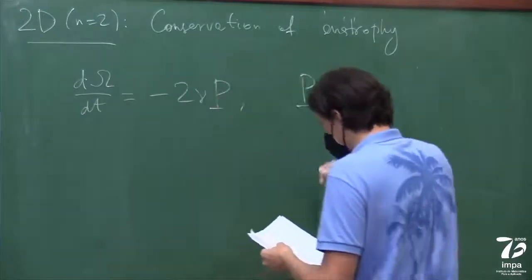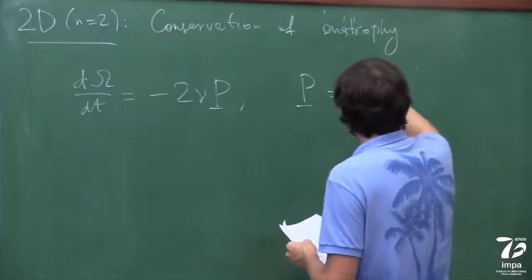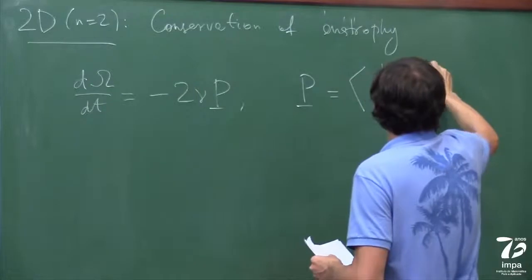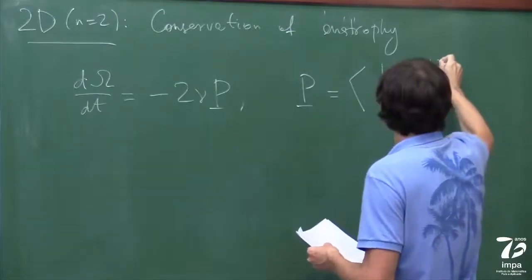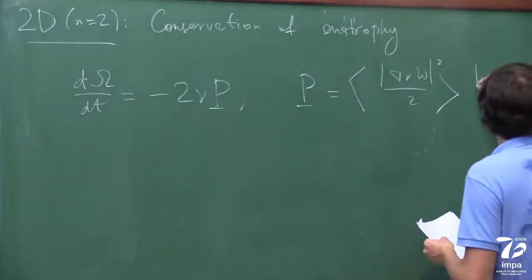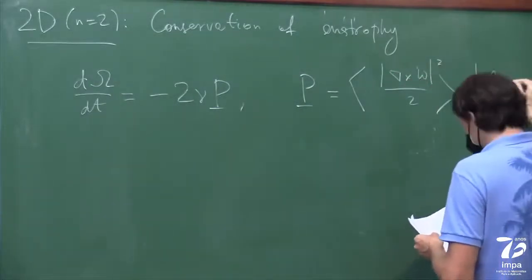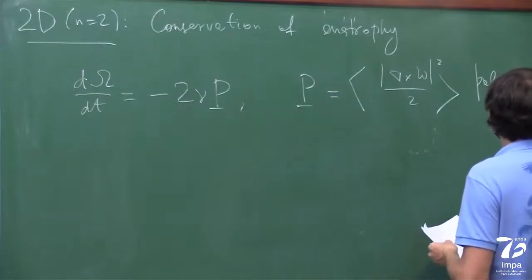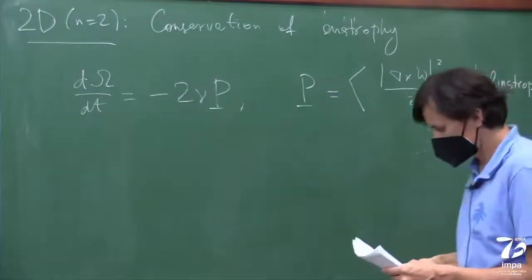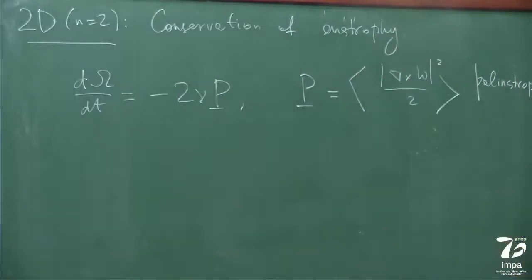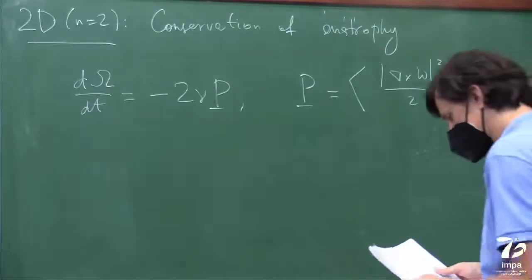It's the curl of vorticity itself squared over 2, and it's called palinstrophy. It's now starting to look like botany, no? So it's many different notions with different names, but they're interconnected.